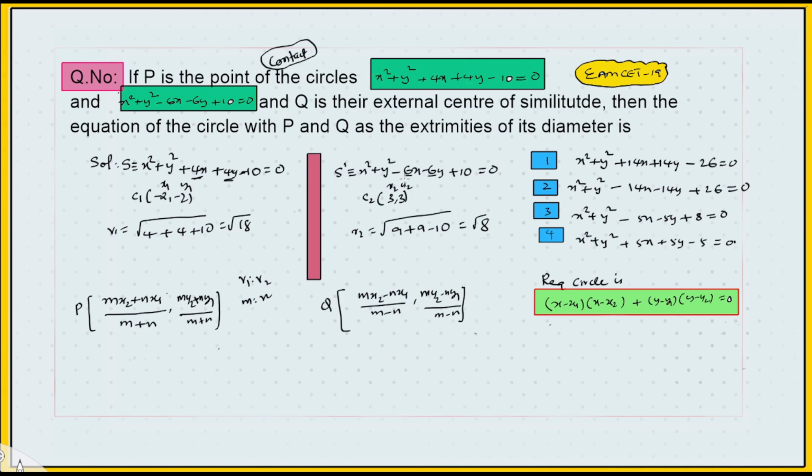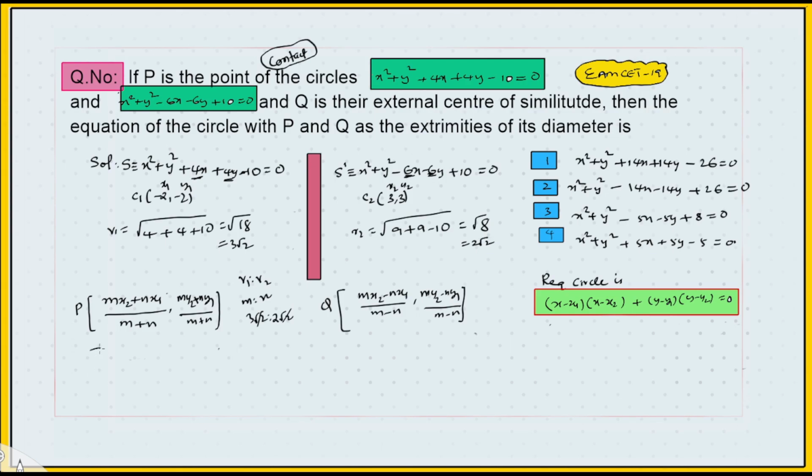Second circle, center C2 is (3, 3); 3 3s are 9 plus 3 3s are 9 minus 10, so root 8. Root 18 is 3 root 2, root 8 is 2 root 2. Now the ratio R1 to R2 is 3 root 2 to 2 root 2, root 2 cancels, so 3 is to 2.